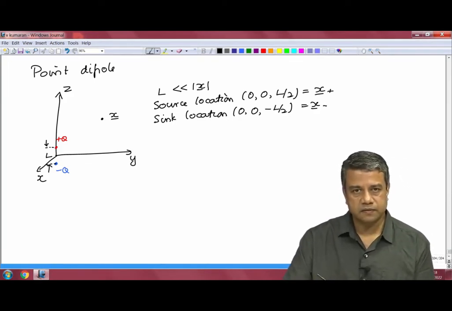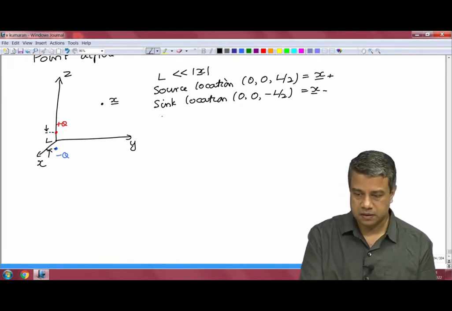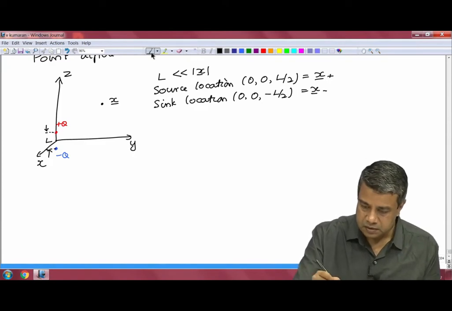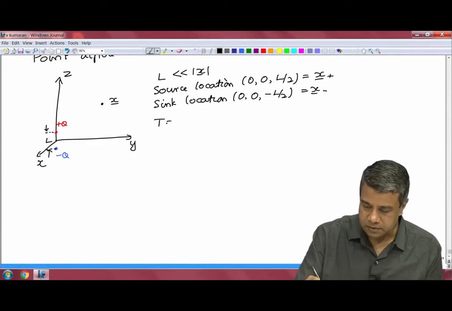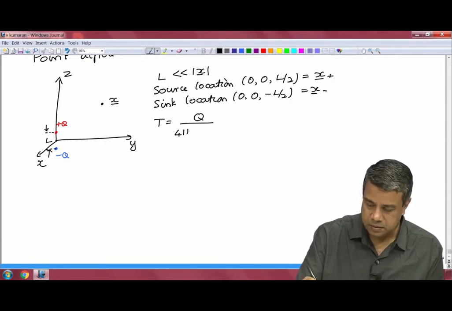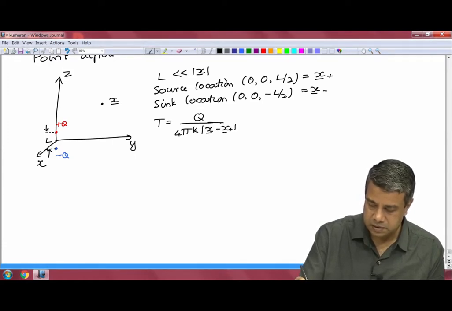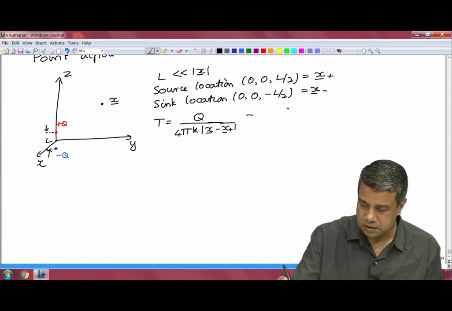What is the temperature field due to this combination? The temperature field is going to be equal to Q by 4 pi k into the distance x minus x plus, minus Q by 4 pi k into the distance x minus x minus.